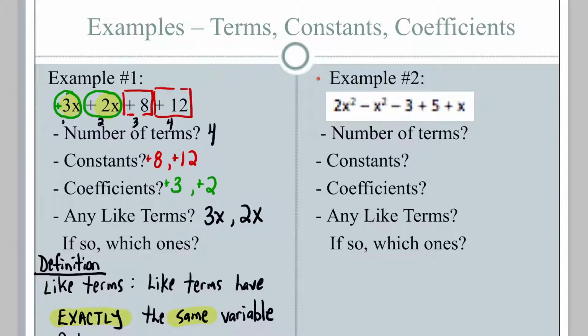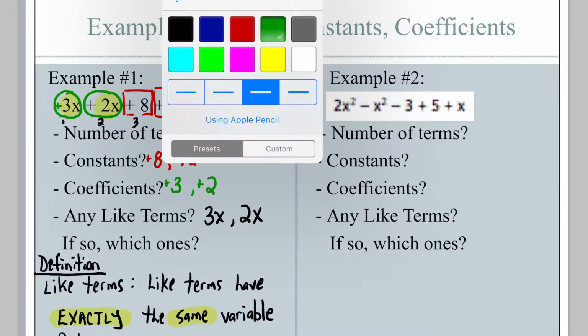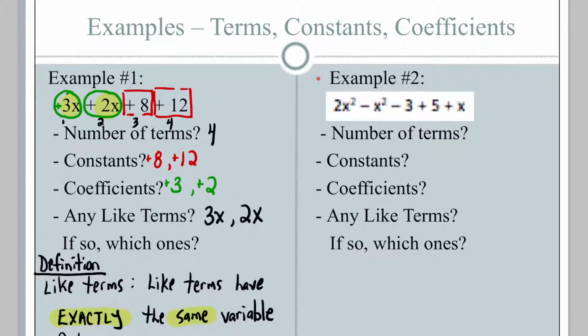So looking at example number 2, the number of terms. So let's look at our number of terms. We have this is the first term. We have this as the second term. And again, a term consists a lot of times that we can separate them from each other using the operation signs plus or minus.